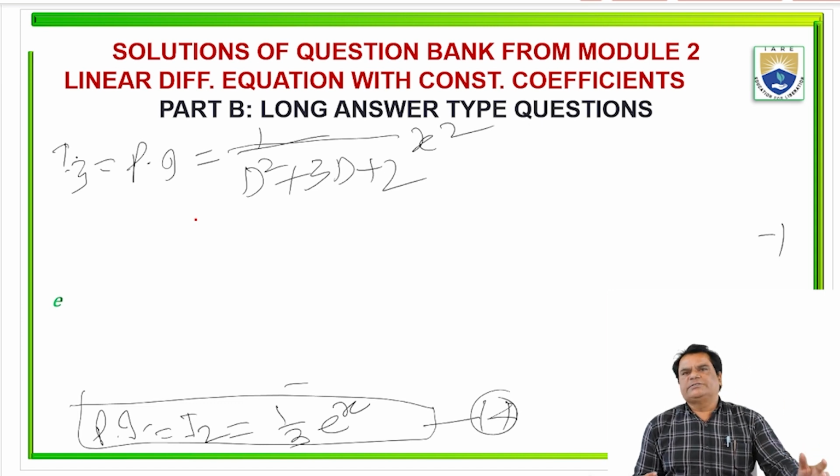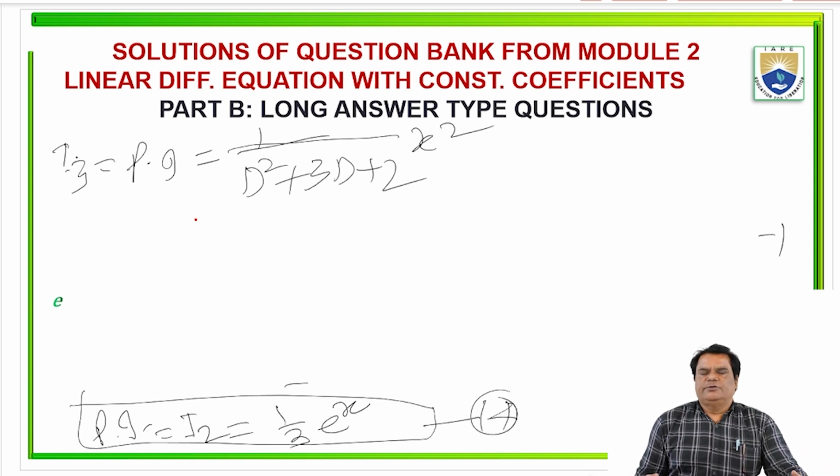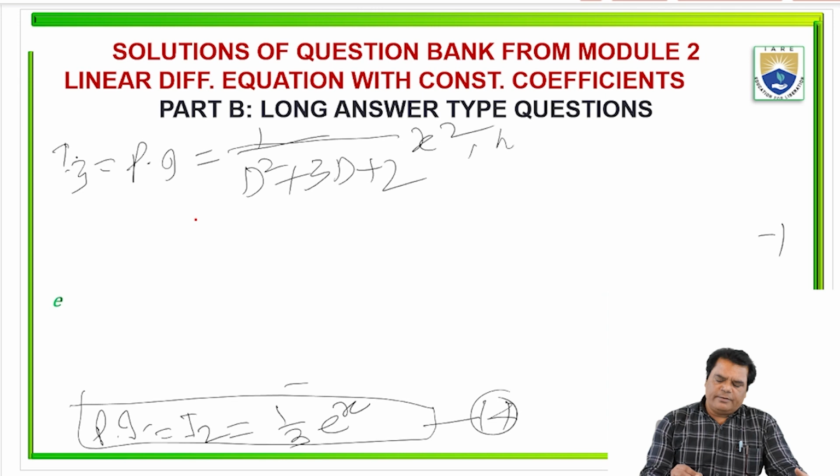This is the third function in our question. So how can we find the PI here? Here is x squared. So here we take the minimum power of D in the denominator.